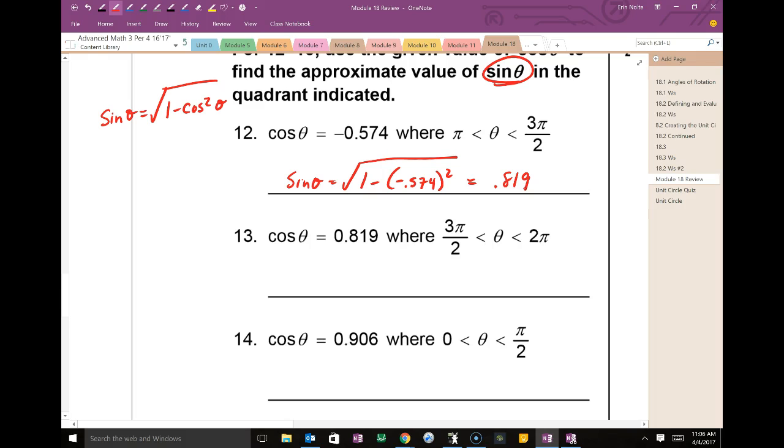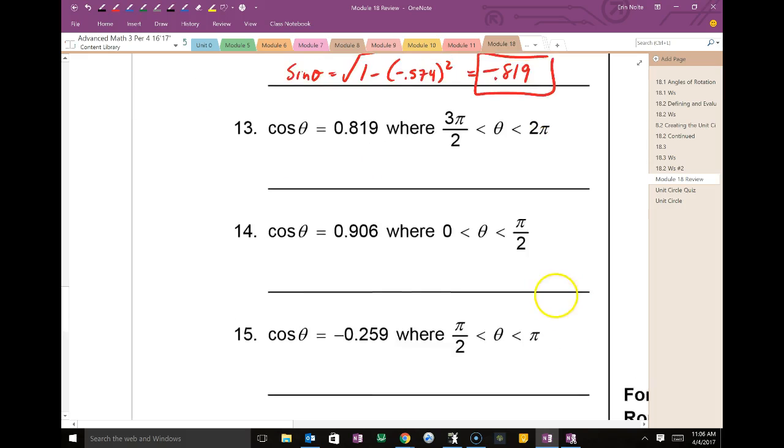Okay, we got multiple people agreeing. So the next thing I have to do is decide, is this positive or negative? If we're working at the angle between pi and 3 pi over 2, which quadrant are we in? The third quadrant. Okay, and the sine, the y value, is always negative there, so it would be negative.